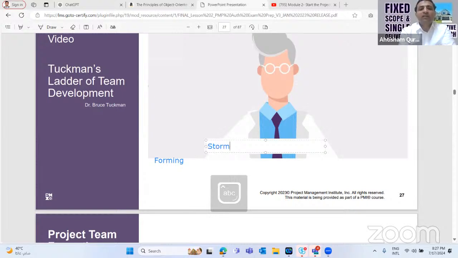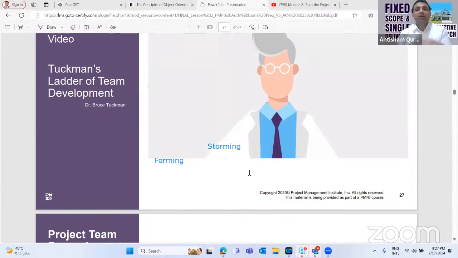Storming is when everyone will show muscles and question the authority. Who is this project manager? Who made him the project manager? These types of questions. And everyone will show what he is, what she is, what they have got. So it's all about individualism. The team is not really a team; they are still a bunch of individuals.